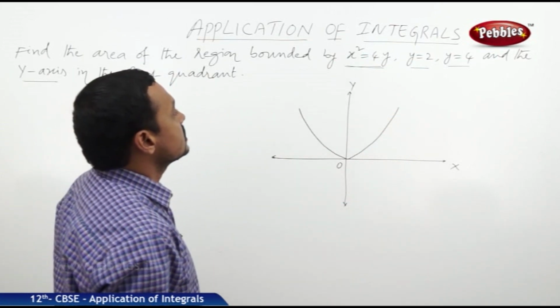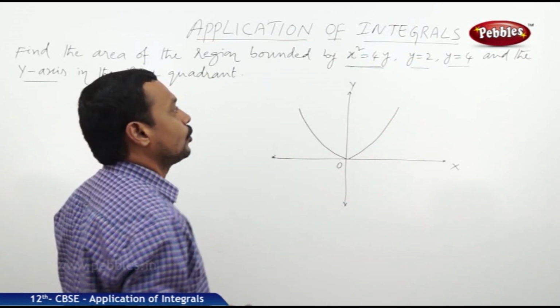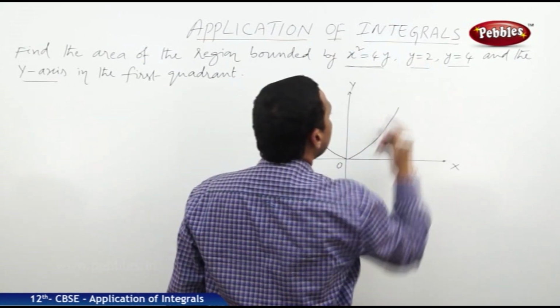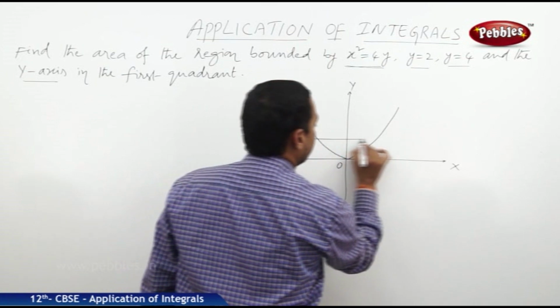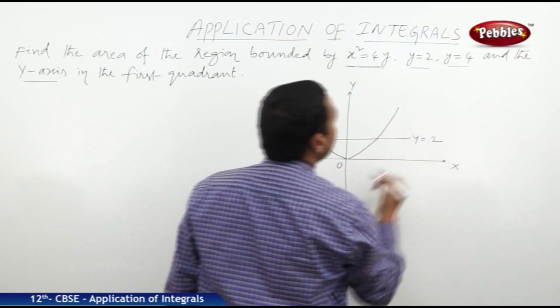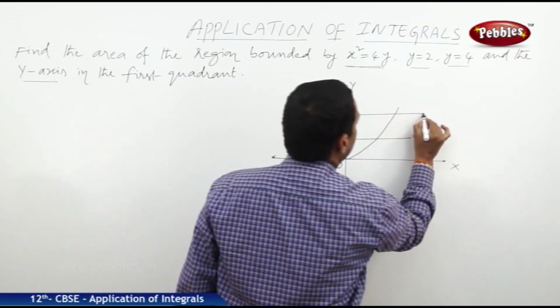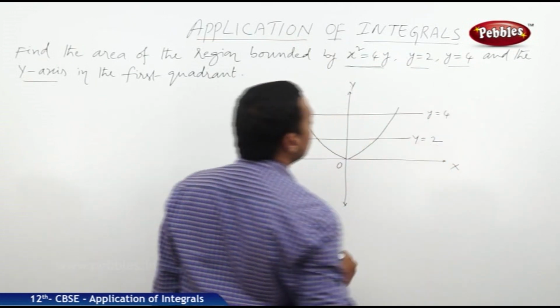Now it is the curve x square is equal to 4y, and y is equal to 2 is a straight line parallel to the x axis, like this. It is y is equal to 2 and y is equal to 4. Now this is another line.